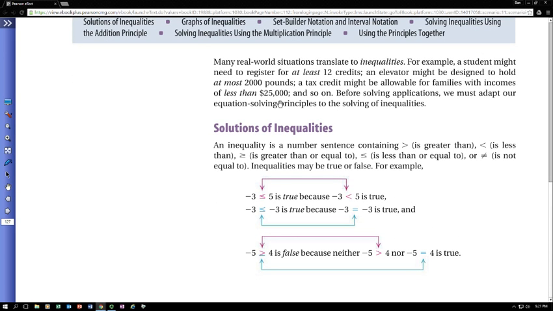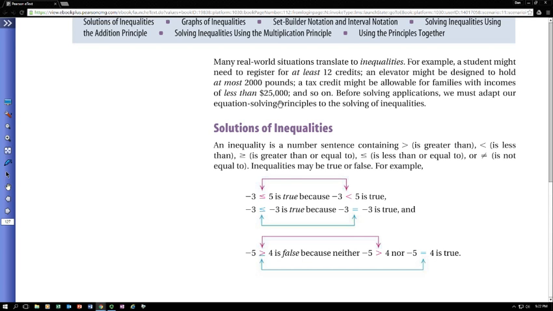Remember, solutions are things that make the equation true. Well, it's the same idea for inequalities. So if I have x is greater than 2, and I put 3 in for x, I'd get 3 is greater than 2. Well, that's true, so 3 is a solution. But there's also an infinity of other ones I could use.